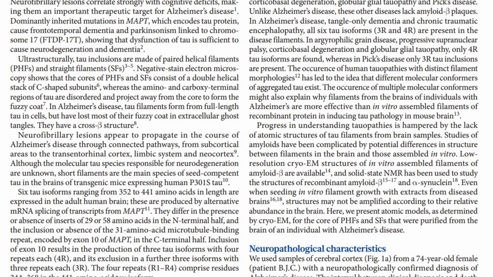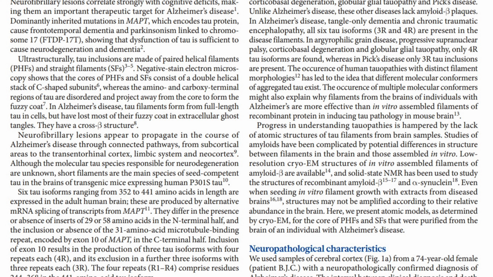Six tau isoforms ranging from 352 to 441 amino acids in length are expressed in the adult human brain. These are produced by alternative mRNA splicing of transcripts from MAPT. They differ in the presence or absence of inserts of 29 or 58 amino acids in the N-terminal half, and the inclusion or absence of the 31 amino acid microtubule binding repeat encoded by exon 10 of MAPT in the C-terminal half.